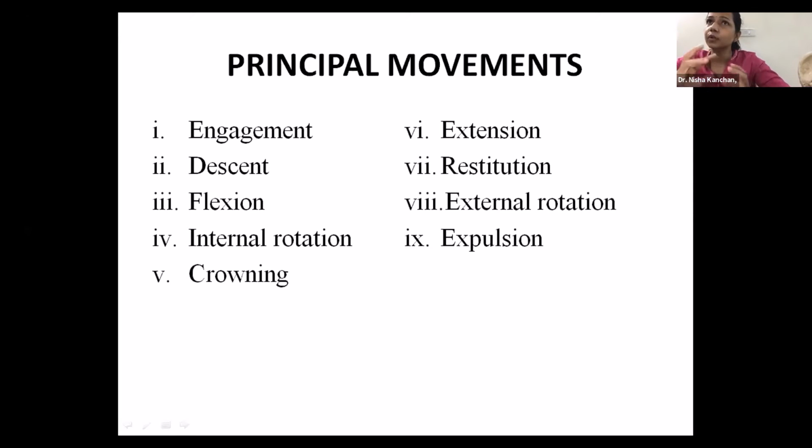So that is why external rotation of the head is happening, to rotate the shoulders into the anteroposterior diameter of the outlet. So that is the purpose of why engagement is happening in the transverse diameter, internal rotation is turning the occiput into the AP diameter, and then external rotation is happening to get the shoulders into the AP diameter.